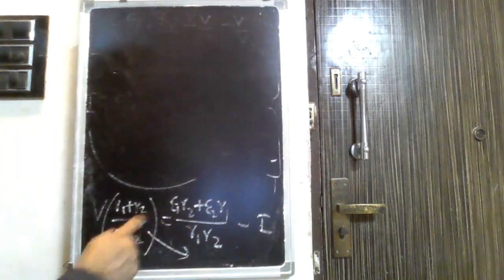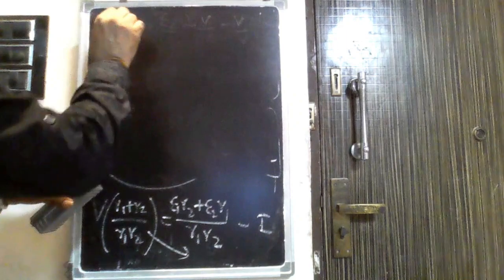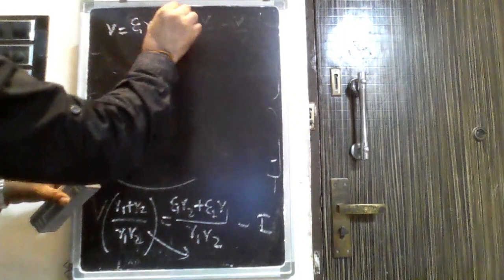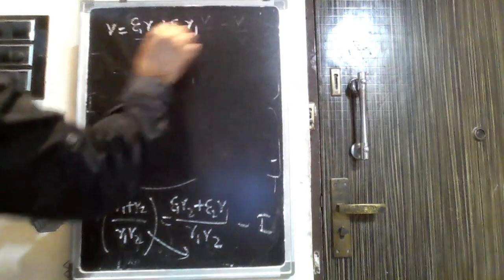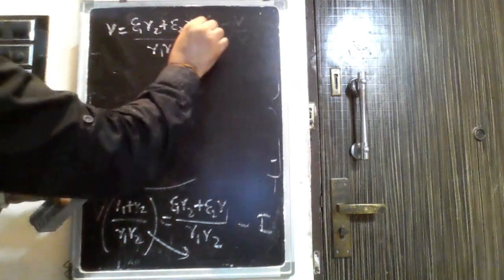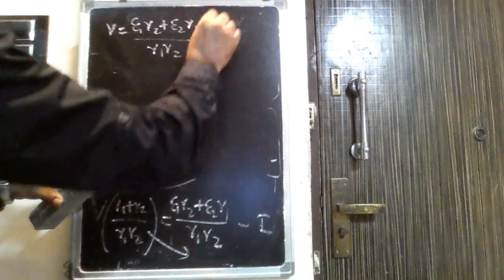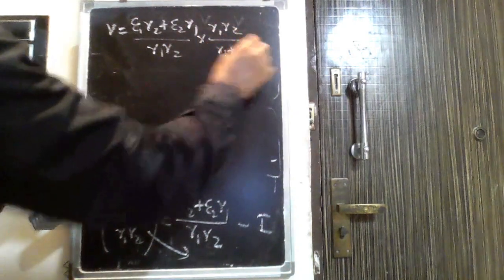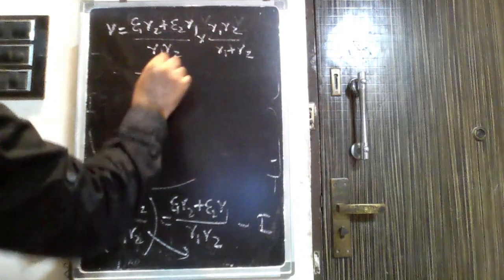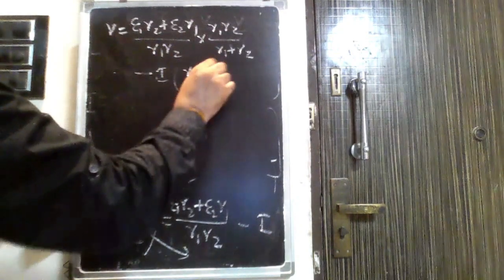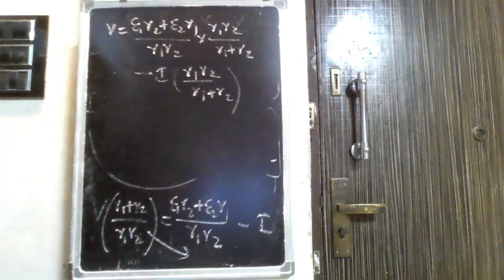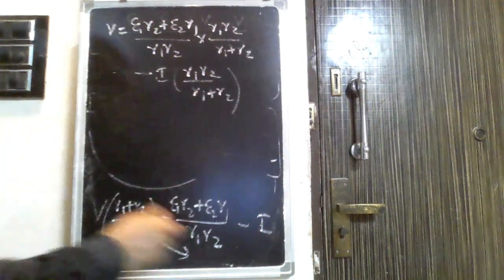So I'll multiply this with this and this also. So I'll get V equals to this one, (E1 R2 plus E2 R1) upon R1 R2, into R1 R2 upon (R1 plus R2). For this also, minus is coming, minus I into R1 R2 upon (R1 plus R2). That means I have just taken that side, multiplied both, taken the common out.